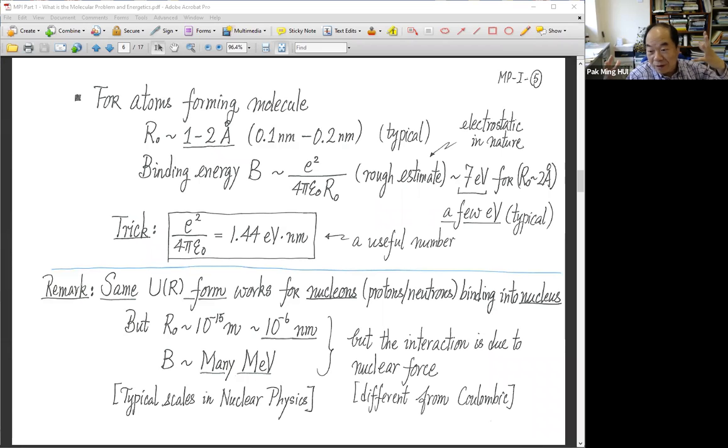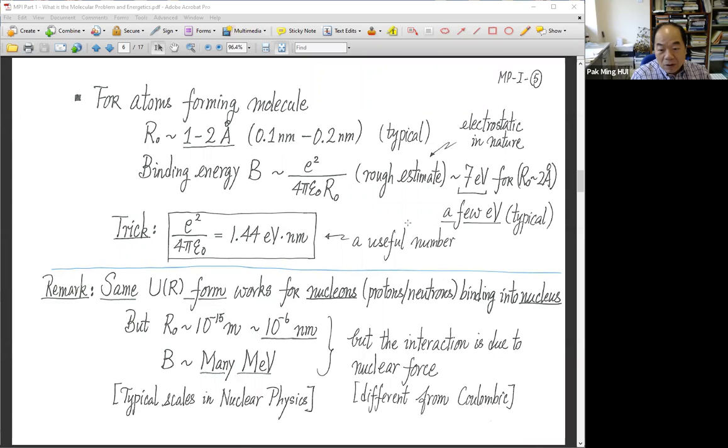You don't have other fancy stuff, right? You don't need strong force, you don't need weak interaction. It is electrodynamics. So given that, we can, in one line, estimate what is the energy scale that we are considering, right?